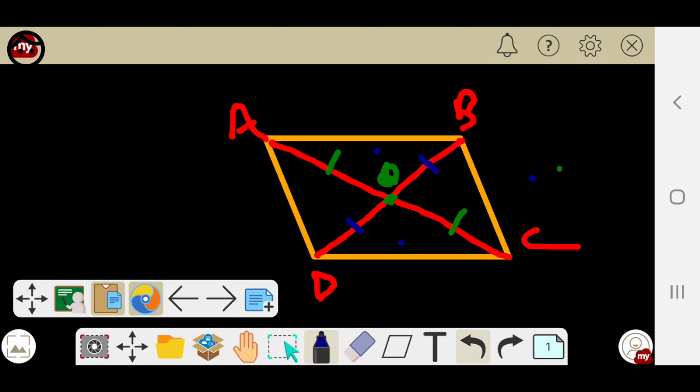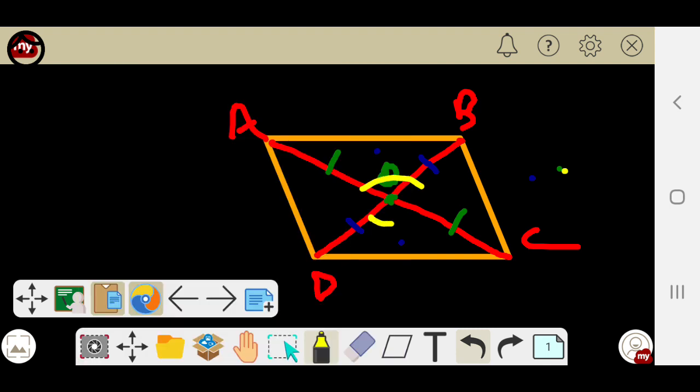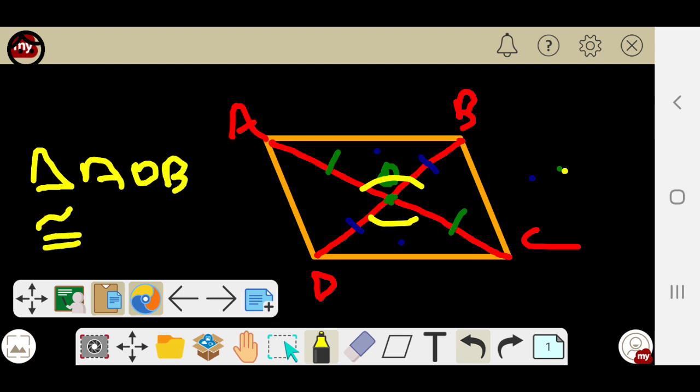Also we can see the vertically opposite angles here. These two are vertically opposite angles, and they are also equal. Then we can say triangle AOB is congruent to triangle COD.